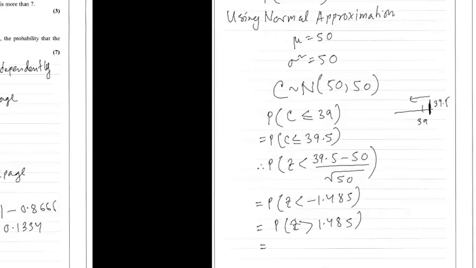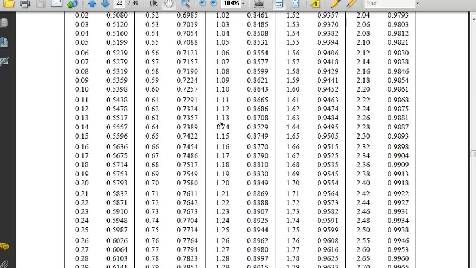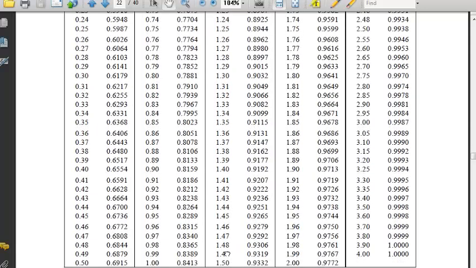Now we have to look up the table, but again this is greater than, we have to make it less than. 1 minus probability of z is less than 1.485. Now we are ready to look up the normal distribution table. 1.485 means 1.49.